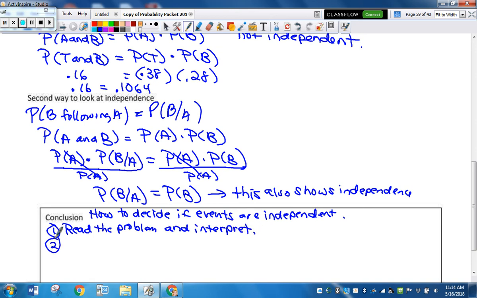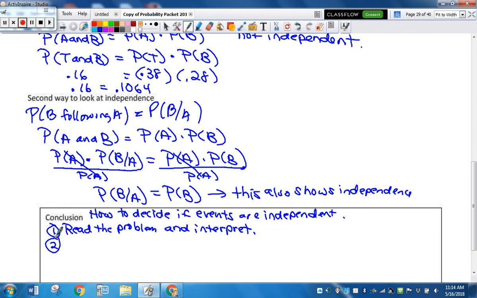That was day one. Read the problem, it says something about replacing, not replacing, and you can tell based off what they give you. Again, probably not what they're going to give you on the Regents exam, and they like these, so I'm just telling you. It's showing up on a regular basis, independent, dependent stuff.